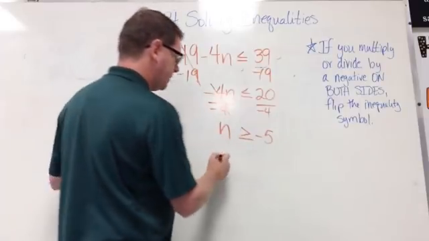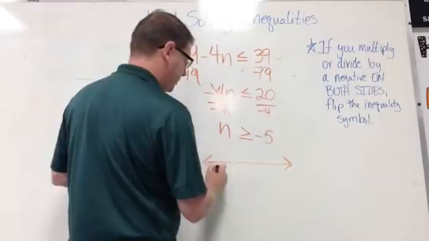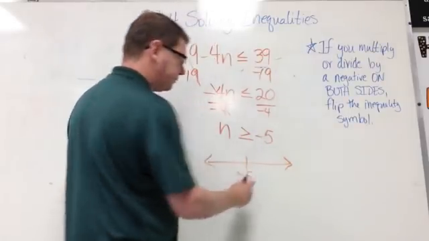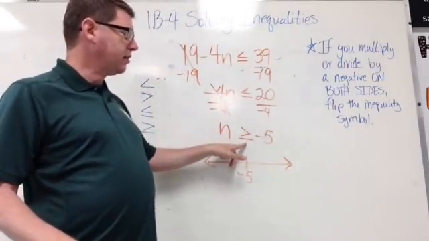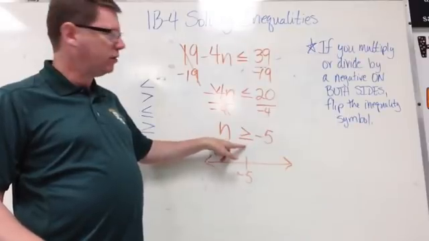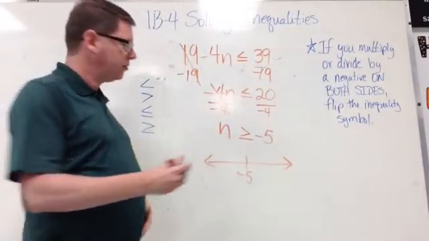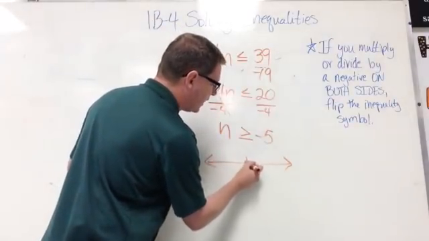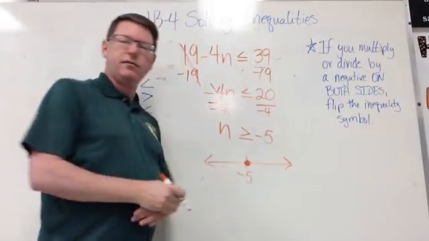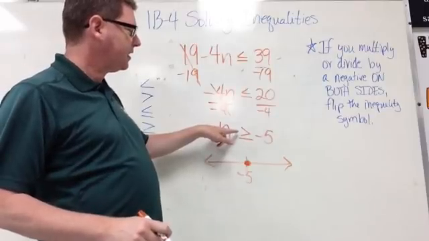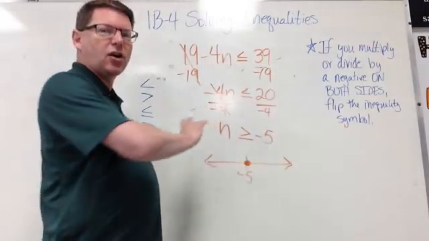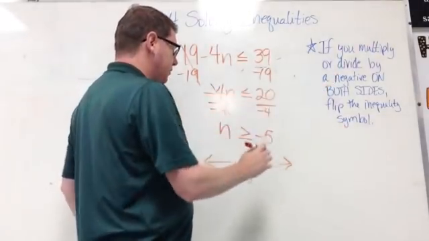Now let's graph this. I'm going to draw my number line with arrows. I'm going to put a negative 5 in the middle. This says n is greater than or equal to negative 5. Since it's got that or equal to, I'm going to put a closed dot on the negative 5. And it says greater than, so I need all the numbers that are greater than or equal to negative 5.